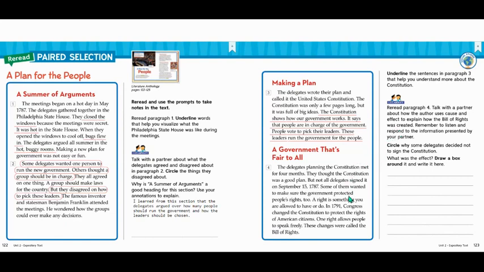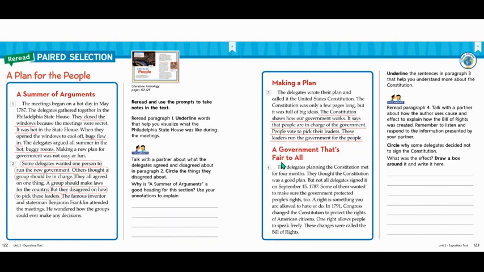So we're going to reread this and look for the cause and effect to explain the Bill of Rights. It says, circle why some delegates decide not to sign the Constitution. What was the effect? Draw a box around it and write it here. So we have to circle the cause of the delegates not signing the Constitution and then draw a box around the effect of their actions.